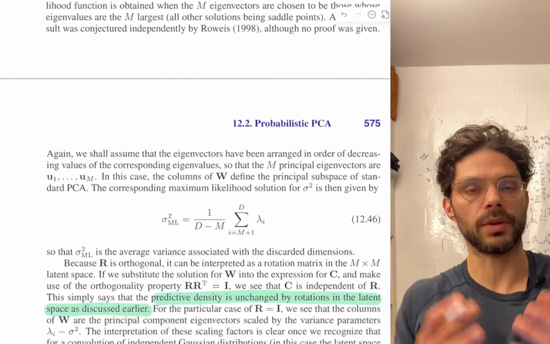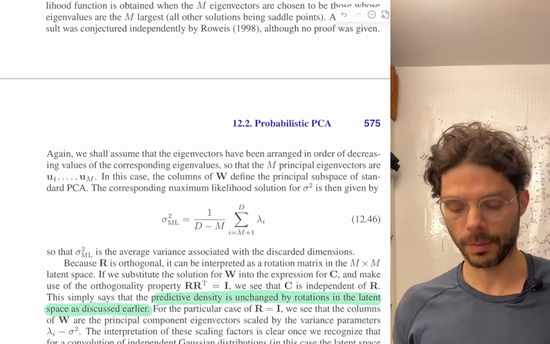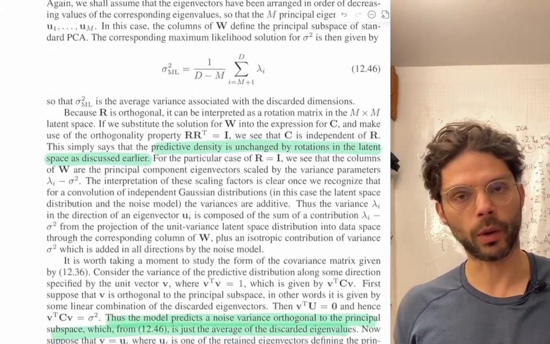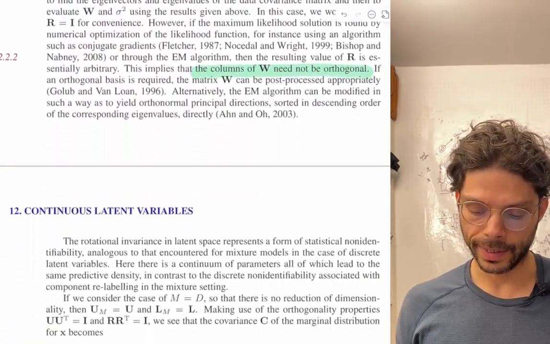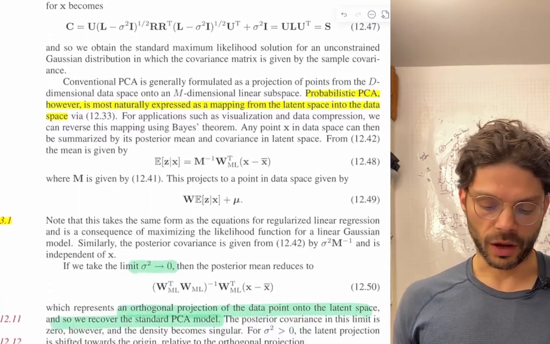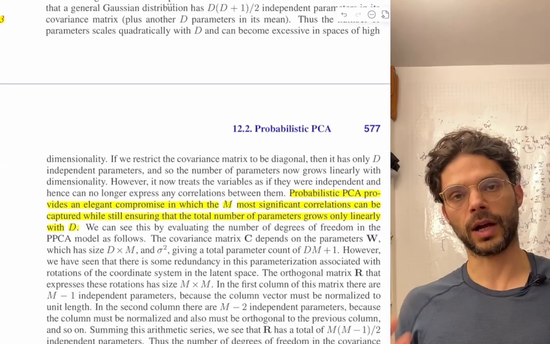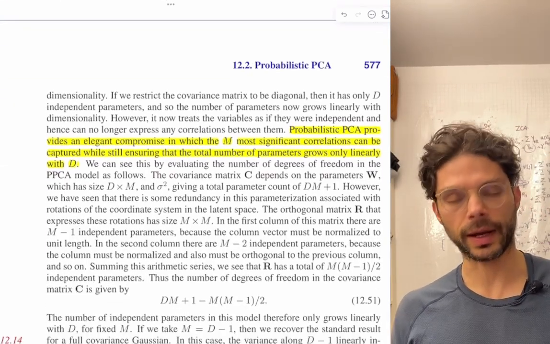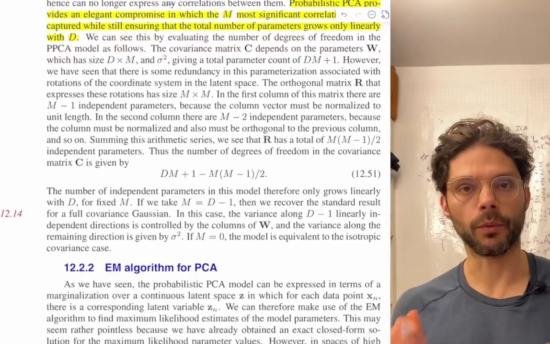We'll talk about some nice properties, such as where the rotational redundancy comes in and what the variances along each of the different directions are. At the end, we'll talk about some interesting limits and some computational aspects, like how this scales with dimension.